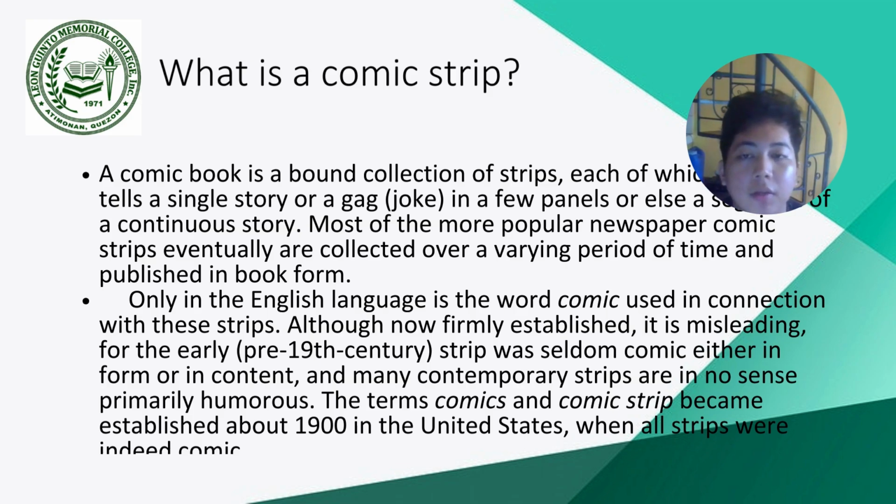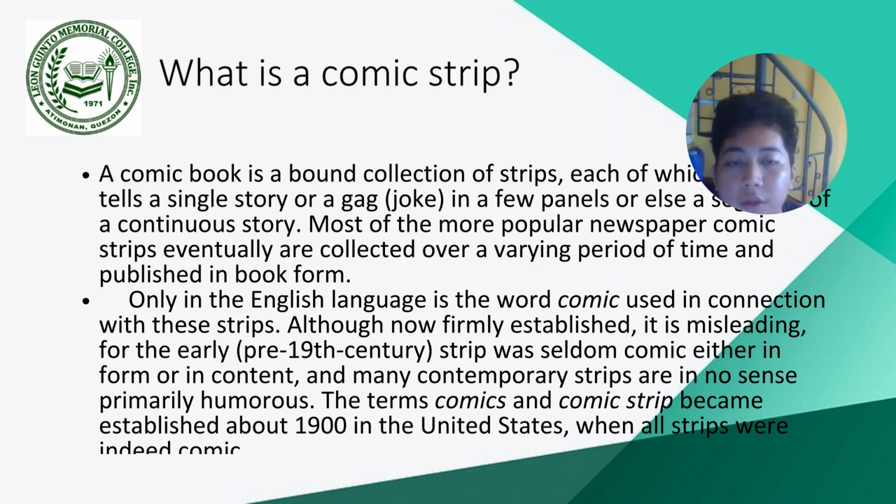A comic strip and a comic book are different. A comic book is a bound collection of strips that tells a single story or a gag or a joke in a few panels, or else a continuous story. Most of the more popular newspaper comic strips are eventually collected over a varying period of time and published in book form.